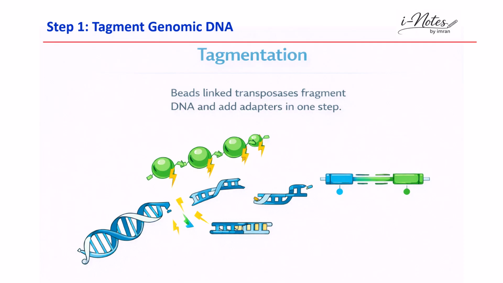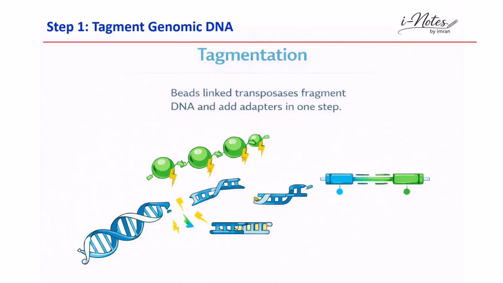Once you are confident with the quality and quantity of the genomic DNA, you are able to proceed with the genomic library or NGS library preparation. So the first step is tagmentation.